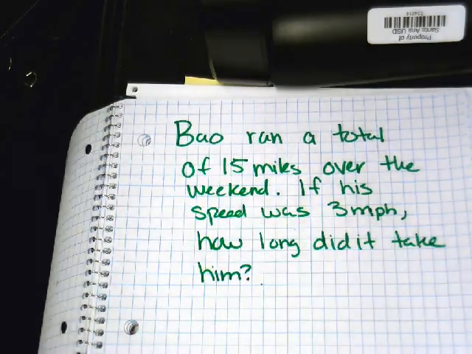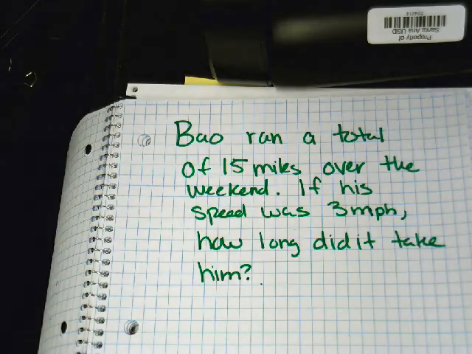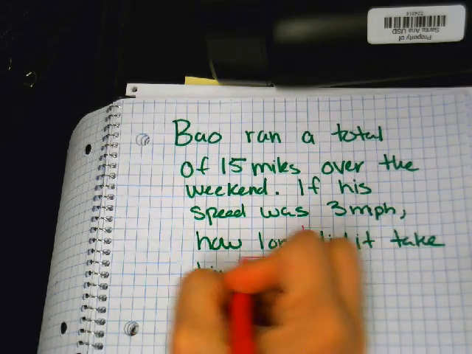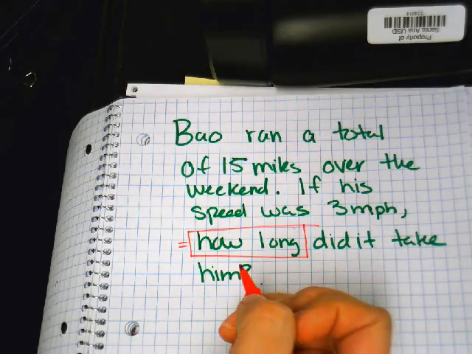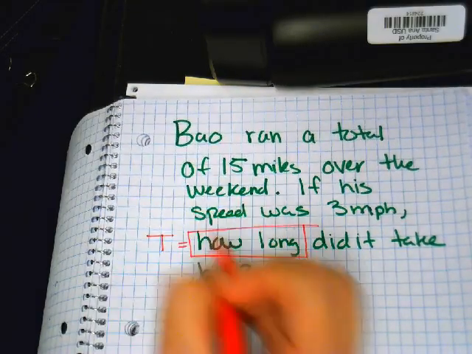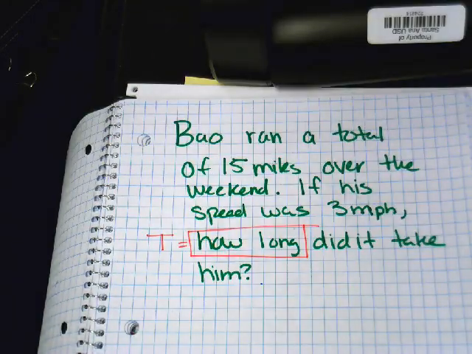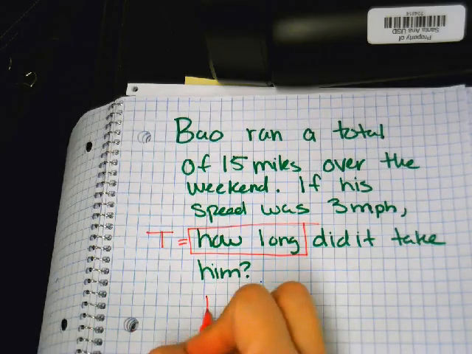Okay? So if you can spot what they're going to ask you before, good, because you can figure out what information they already gave you. So how long, what does that mean? What am I solving for when it says how long? Time. So you cover this up. What is time equal to?